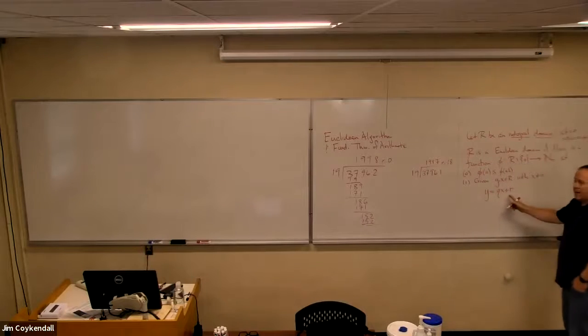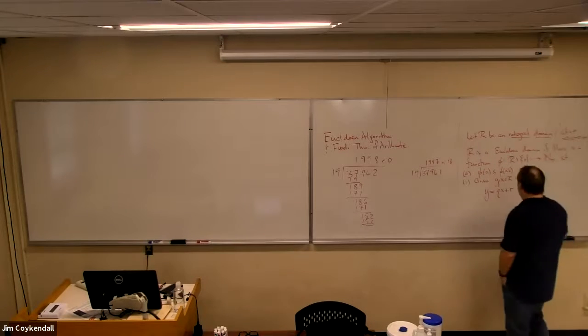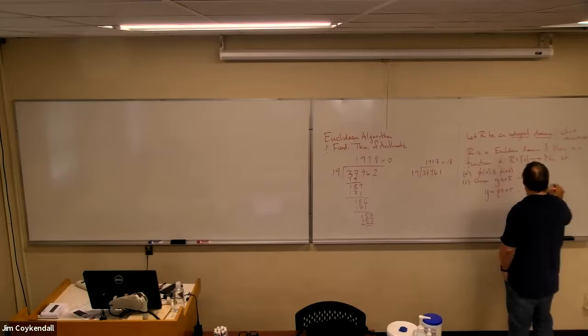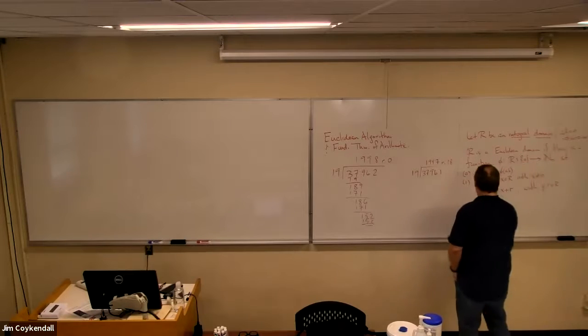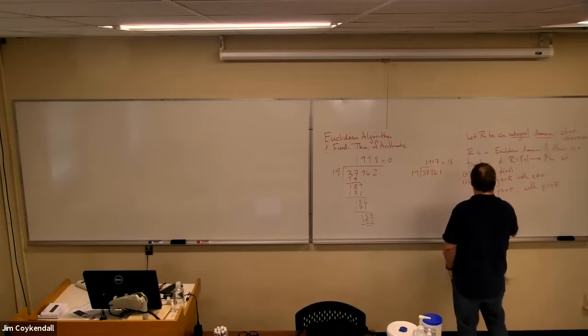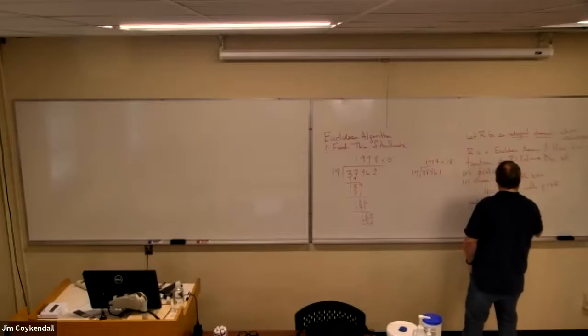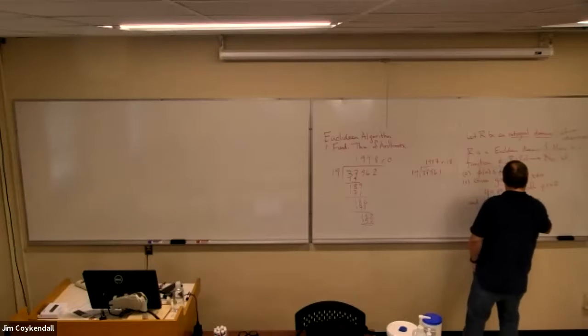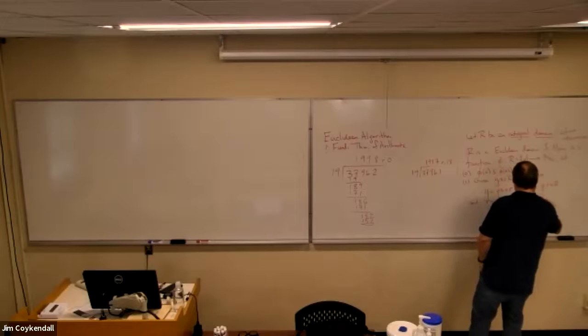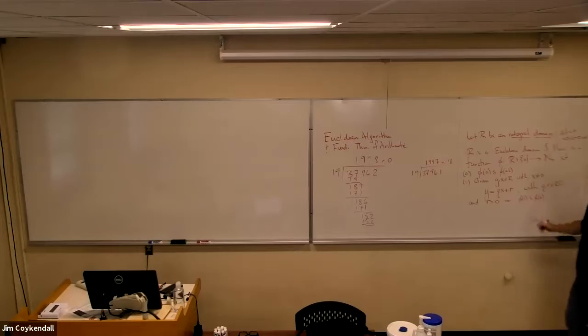Well, of course, I can always do that, but there's something special about this remainder. There exist Q, R, elements of R, such that y equals Qx plus R, and R is zero, or phi of R is less than phi of x.